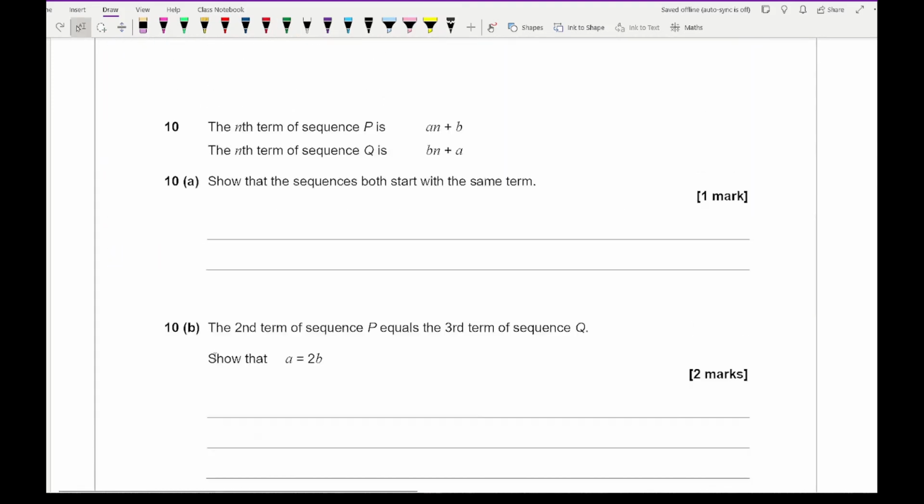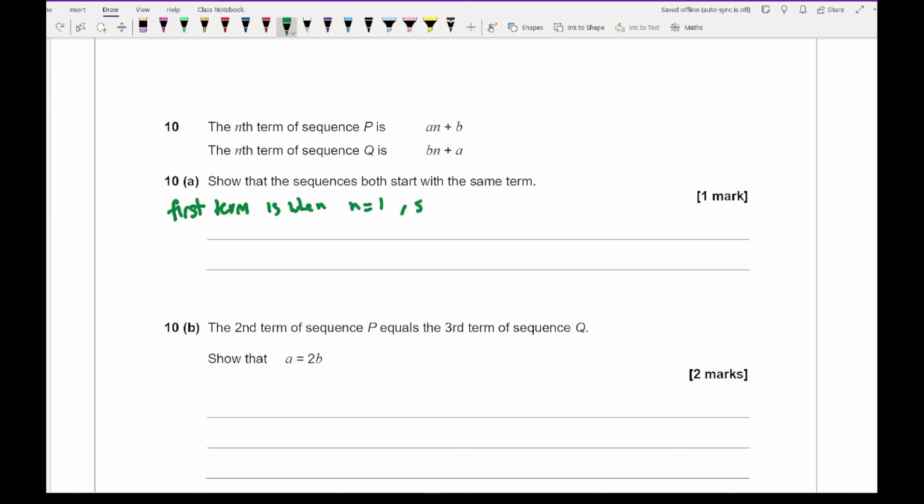Moving on to our last question, question 10, it says the nth term of sequence P is an plus b and the nth term of sequence Q is bn plus a. Show that the sequences both start with the same term. So here the first term is when n equals 1.